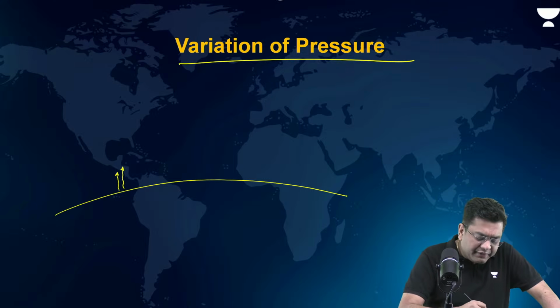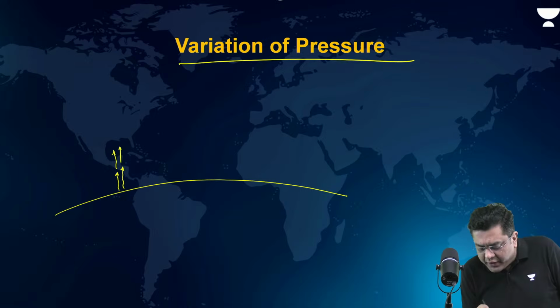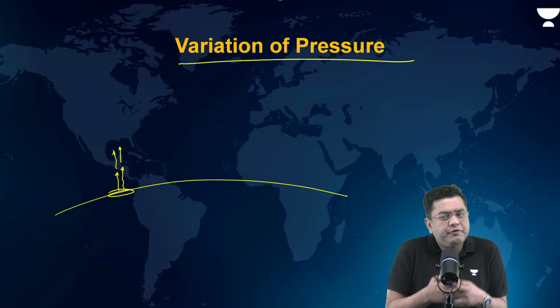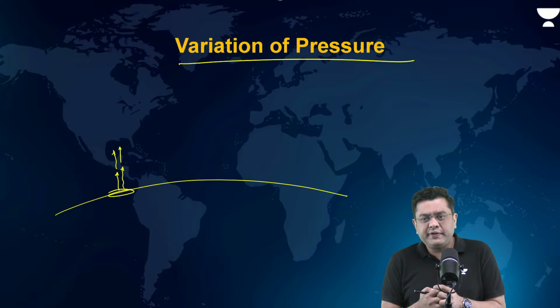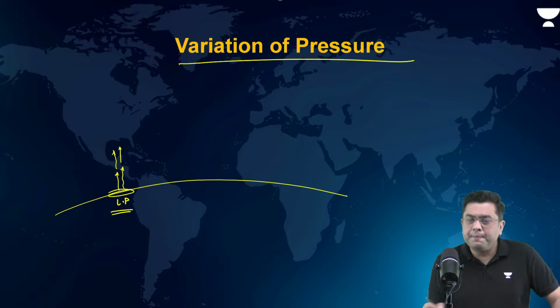Let's suppose I have the air which begins to rise in this region. Okay. So the force exerted or experienced per unit area in this particular case will reduce, isn't it? This will be a region which will be referred to as a region of low pressure.